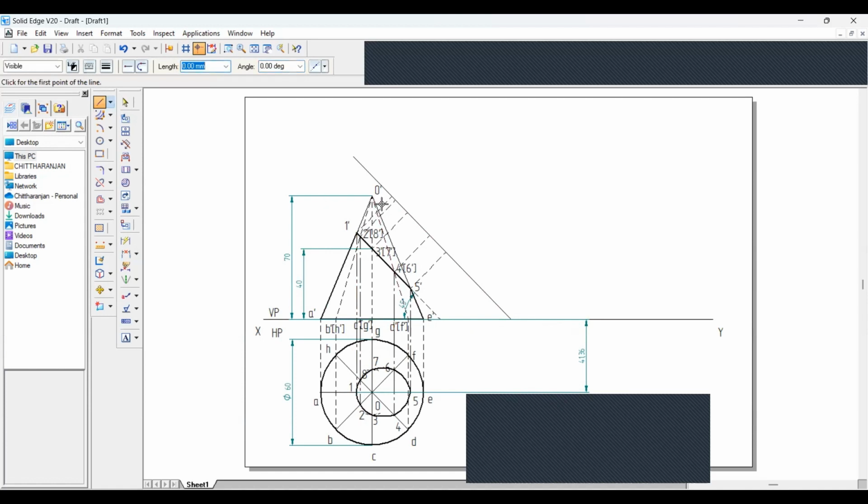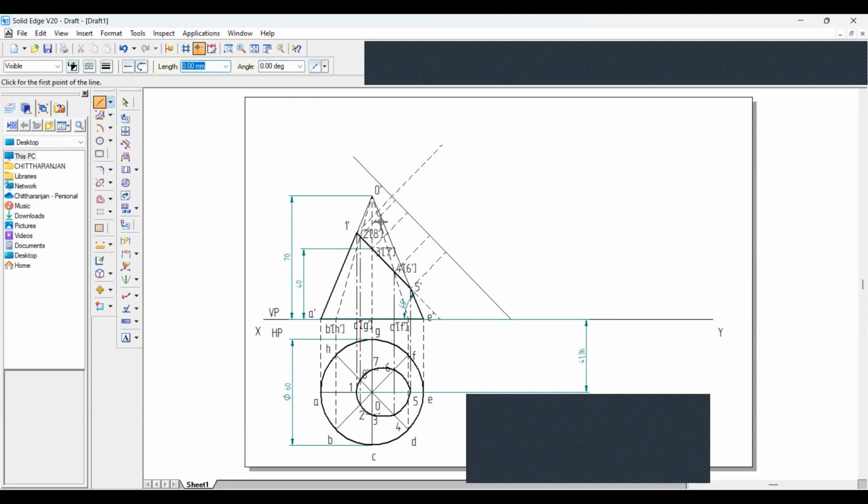So, draw the line from here. It is 1. The angle should be 45 degree, and we have here 41.36. You got the line.